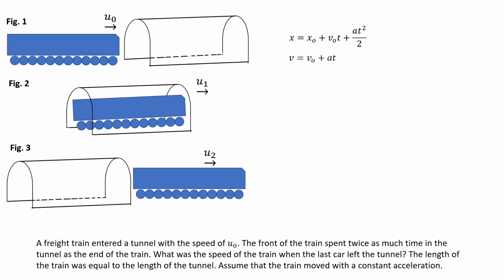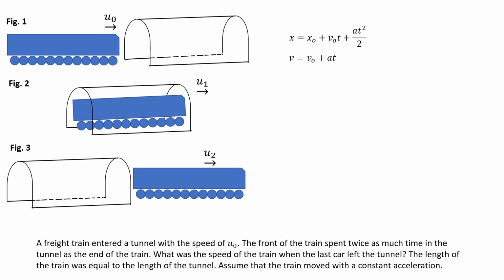The first formula is for the coordinate along which the train is going with constant acceleration. So the coordinate x is going to be moving from left to right. We will assume that 0 on the x axis corresponds to the left side of the tunnel, and the right side of the tunnel will have coordinate, let's say, L.